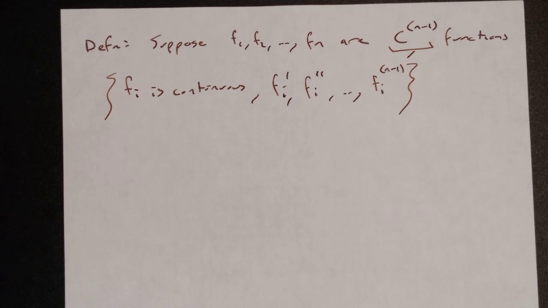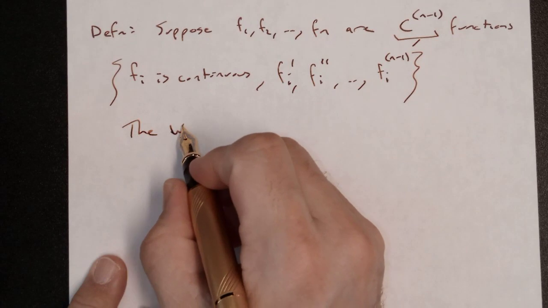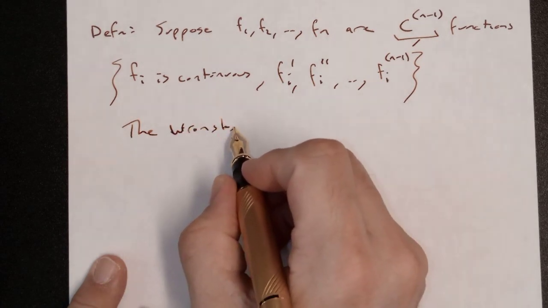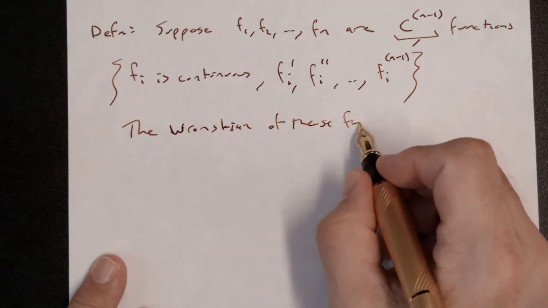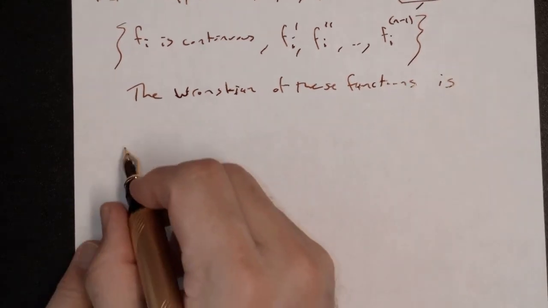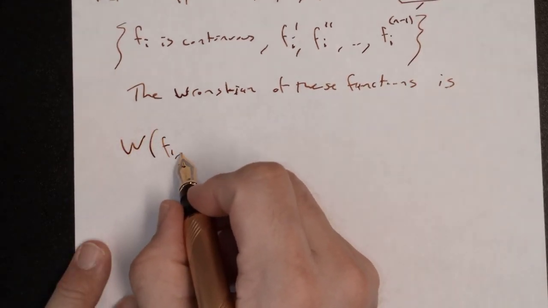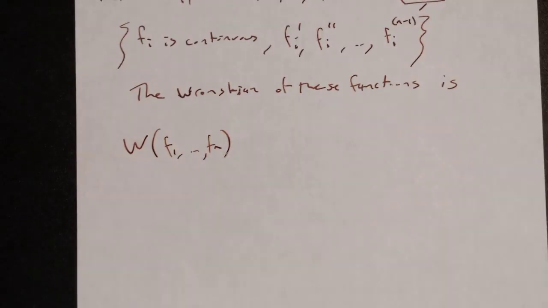We're going to make a matrix and take the determinant. The Wronskian of these functions is an n by n matrix. In the first row are all of the functions.